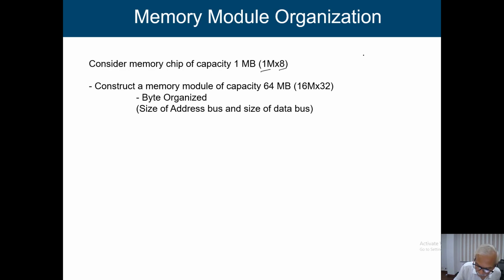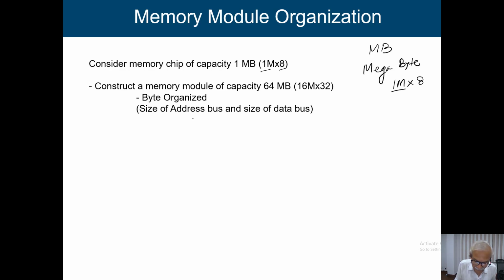Okay, so if I say MB, it is basically megabyte. And this is the capacity I am saying, but how it is organized, you have to look into the organization. It says that this is your 1 mega by 8. So that means I am having 1 mega memory locations, and in every memory location I will store 8 bits of information. That means I will store 1 byte of information, which is equal to your 1 megabyte.